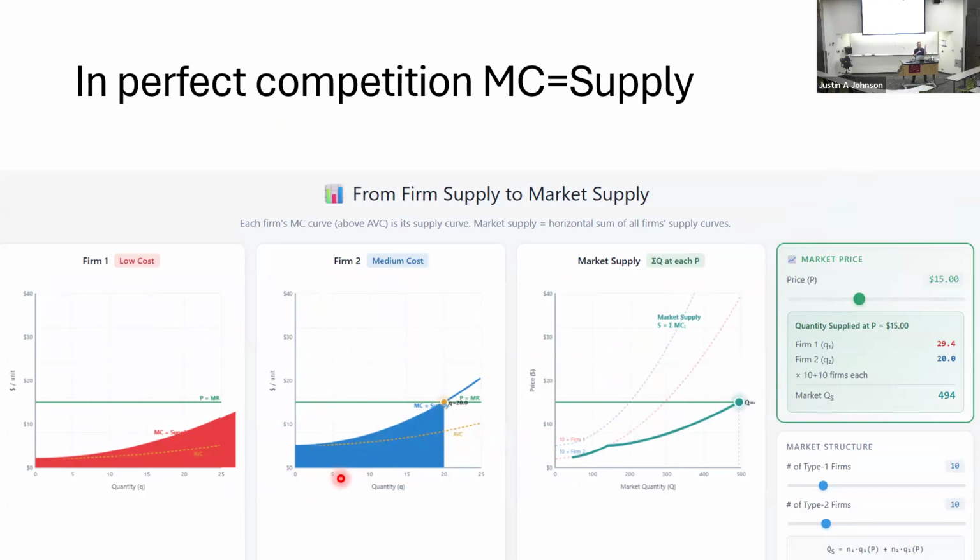Here we already have it as price versus quantity. And so just simply dragging around the market price and adding together all of the different firms, you might have heterogeneous firms, that's how you can then trace out the supply curve. And I think that's kind of cool.